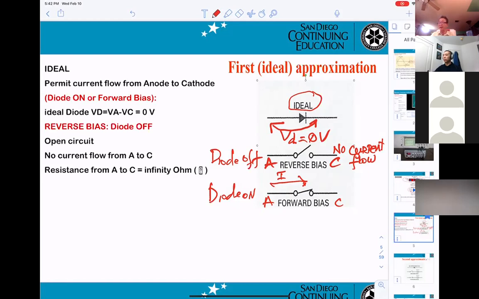For the ideal diode, VD will be 0. For reverse bias, the diode will be off. That looks like an open circuit from A to C. No current can be flowing, and the resistance will be infinity ohm between A and C. That's the only thing I want you to know.